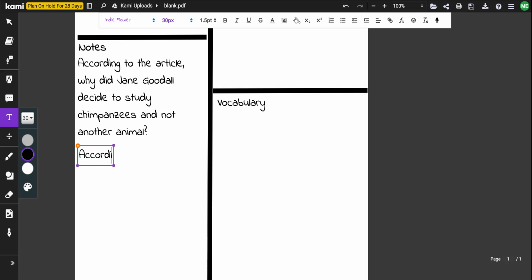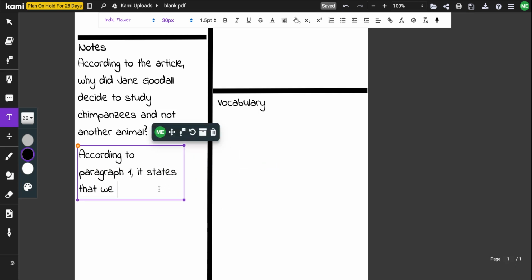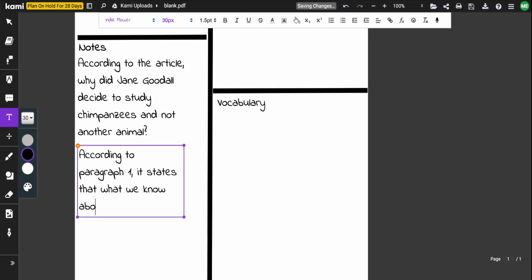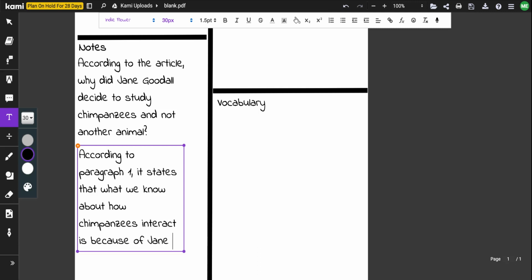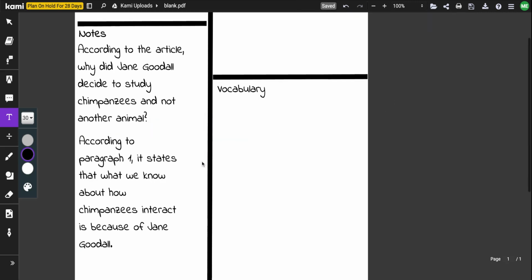And I could say something like, according to paragraph one, it states that we know about how chimpanzees interact is because of Jane. So that was one of the questions that was asked. So I'm just putting my response here.